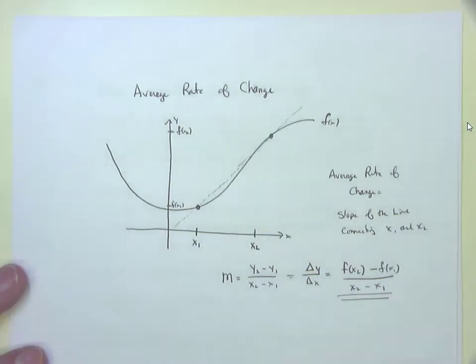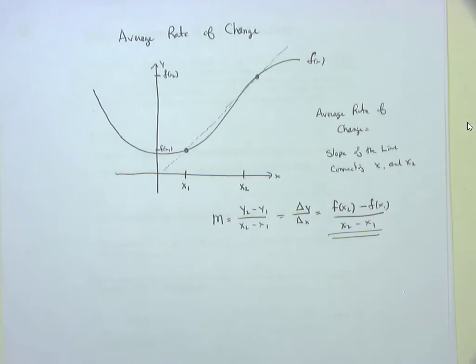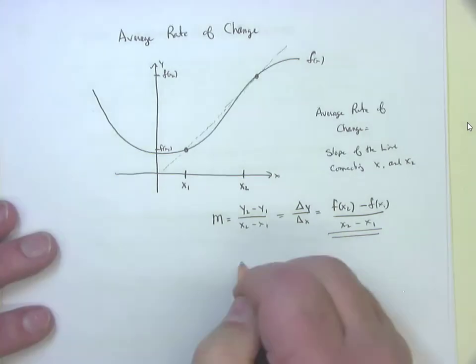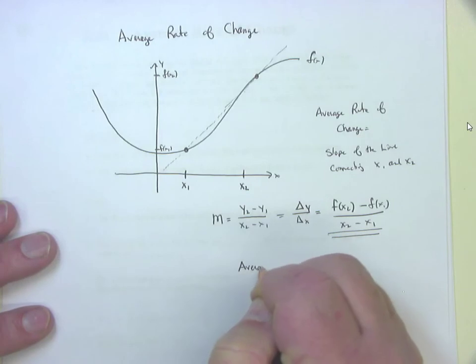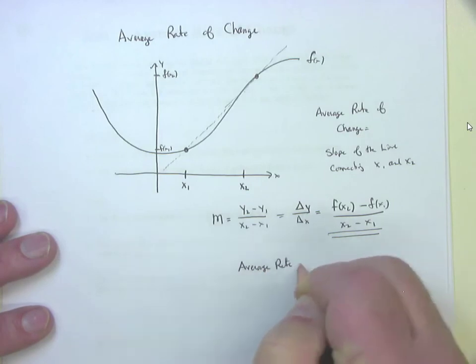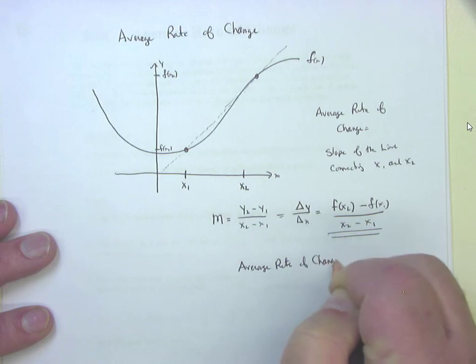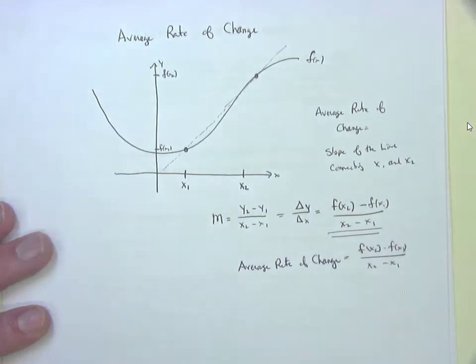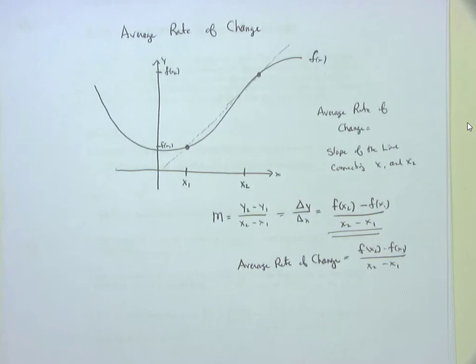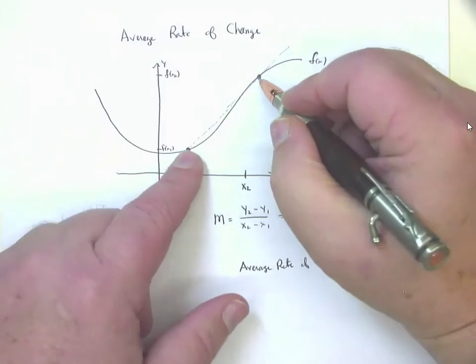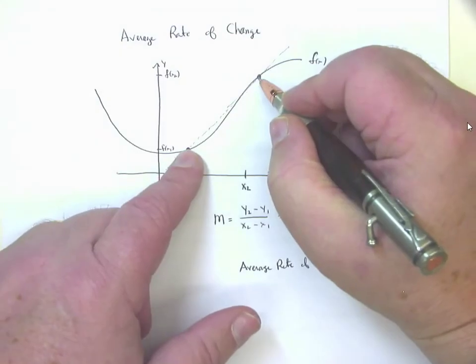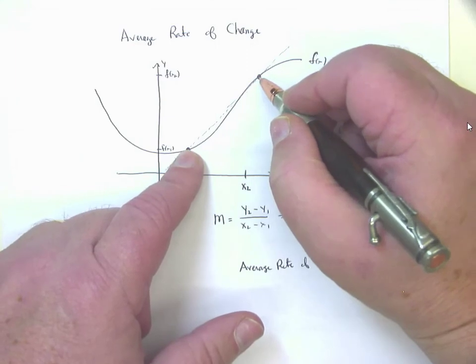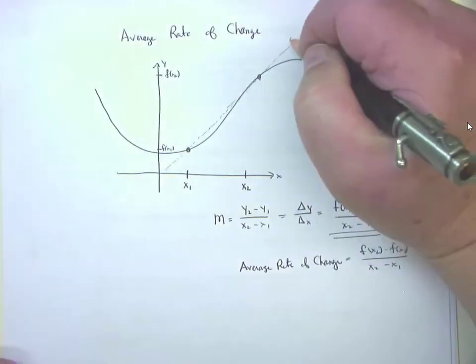And this is the formula they traditionally refer to when it comes to the concept of average rate of change. So this average rate of change formula is equal to f of x2 minus f of x1 over x2 minus x1. Now, the line that connects 2 different points on a function is called the secant line.